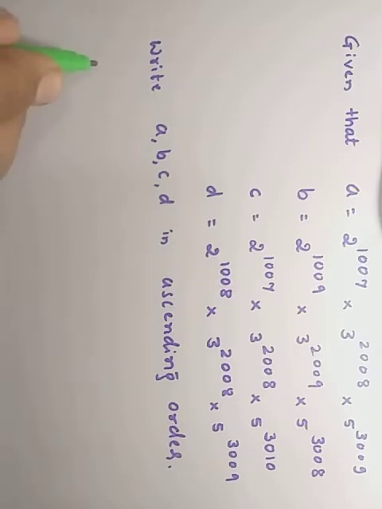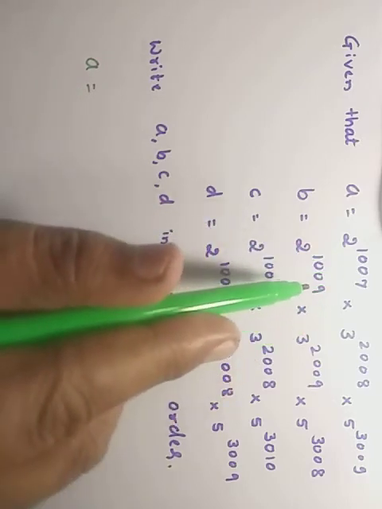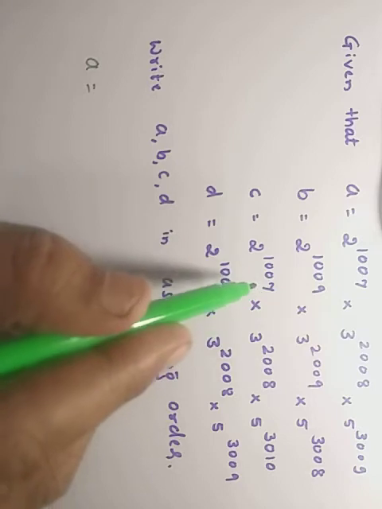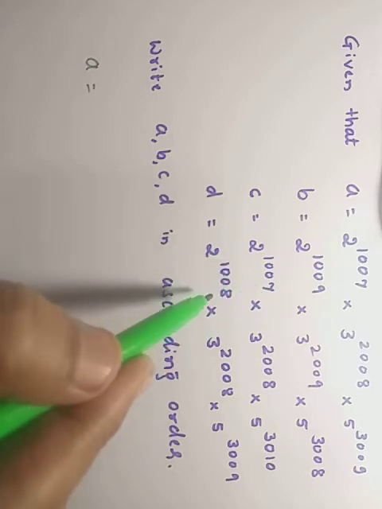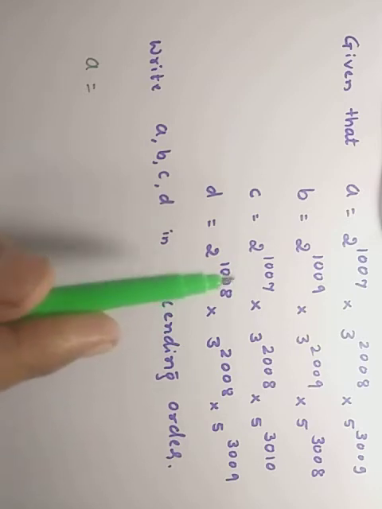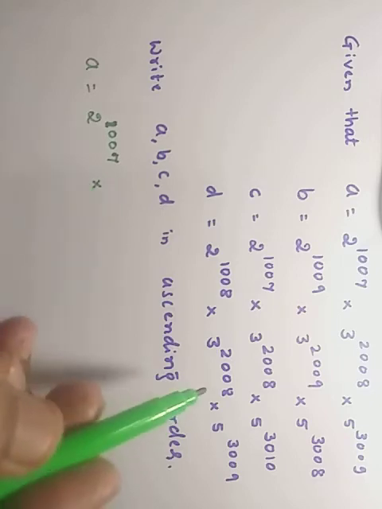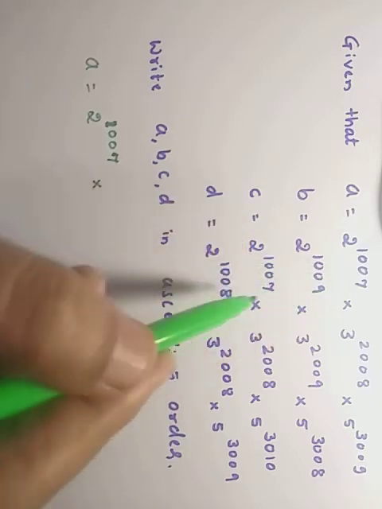A is equal to 2 to the power 1007, 2 to the power 1009, 1007 and 1008. In all these cases of powers, take the least one, that is 2 to the power 1007 as it is. Into, this is the least one, 7, 9, 7 and 8.